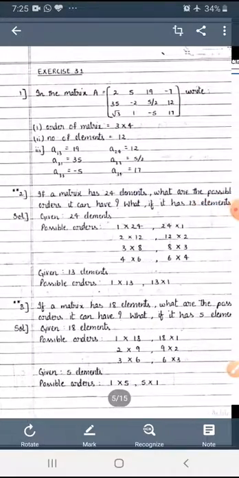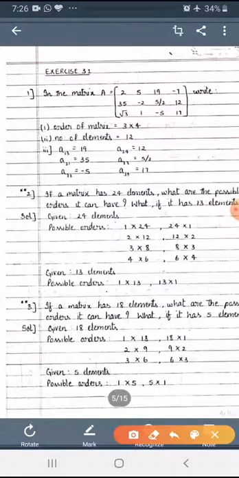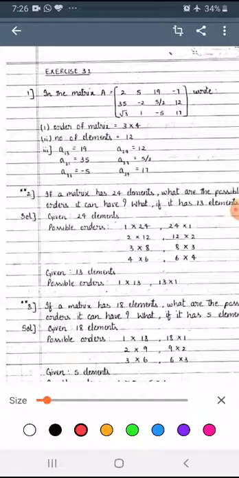Okay, now one more. This is important. See here, already they mentioned it is important. If a matrix has 24 elements, what are the possible orders it can have? What if it has 13 elements? See here, first we have to construct a matrix with those 24 elements.